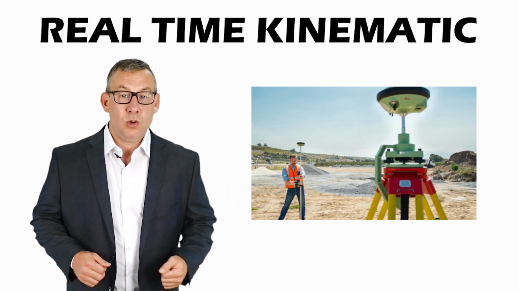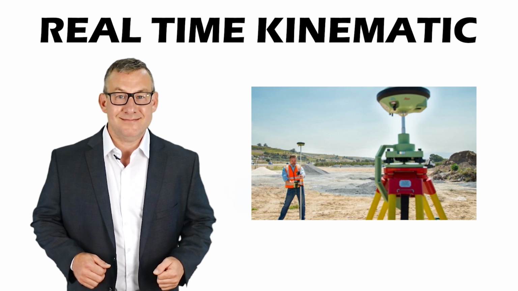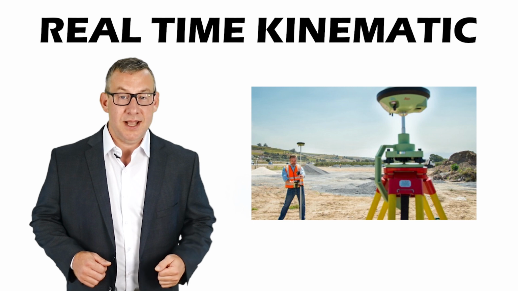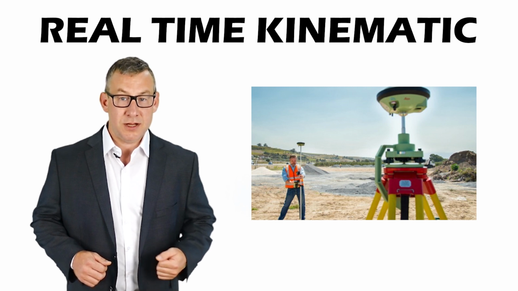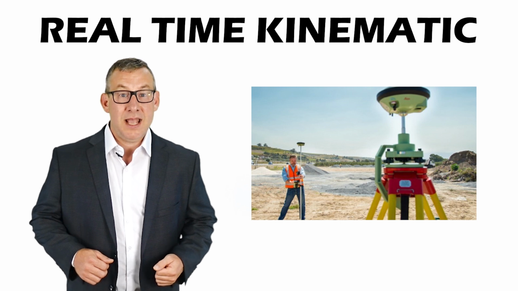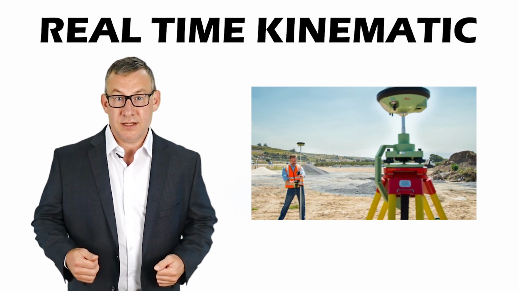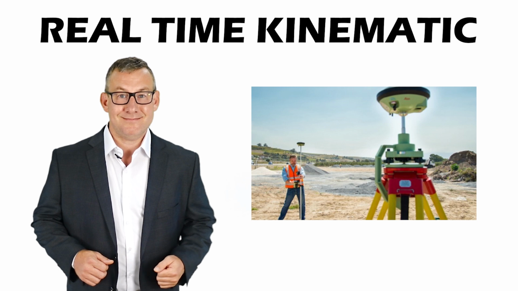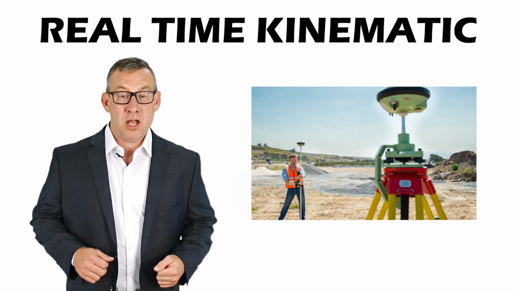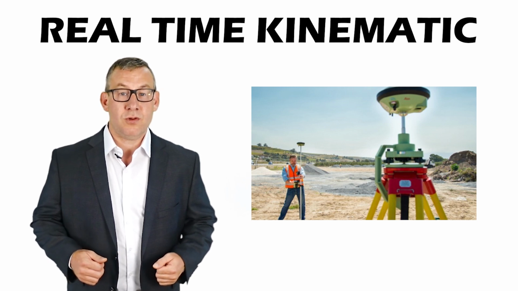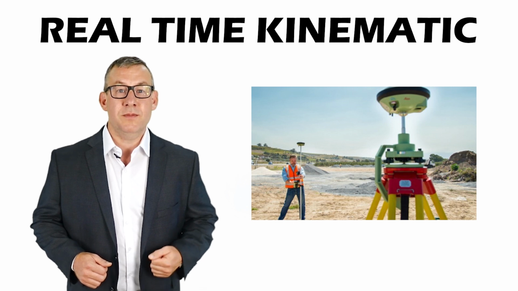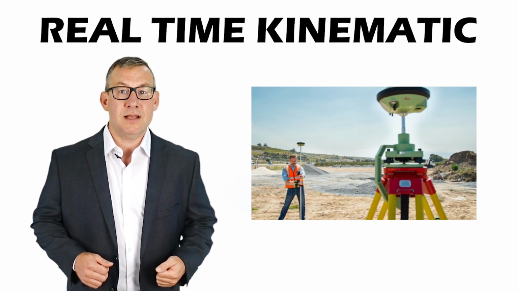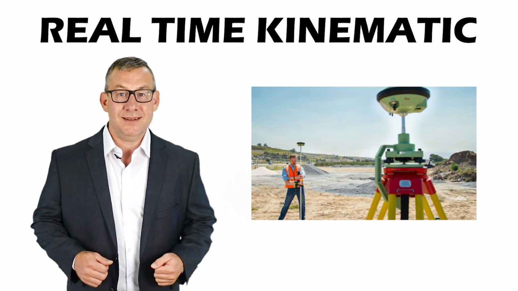Real-time kinematic, or RTK. Real-time kinematic GNSS is used for high-accuracy GNSS location measurements. It uses a dual-frequency station and a rover. RTK uses differential correction as well as other improvement techniques to achieve centimeter-level accuracy for surveying.